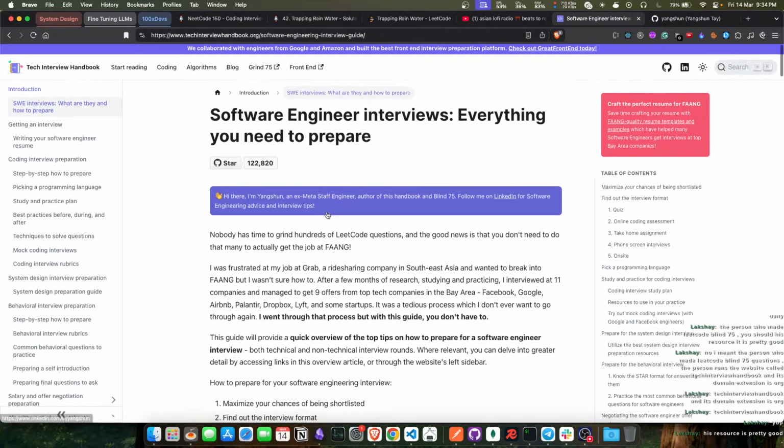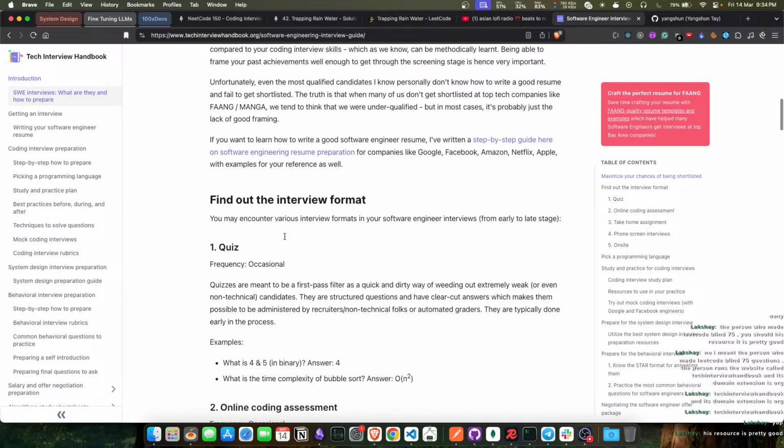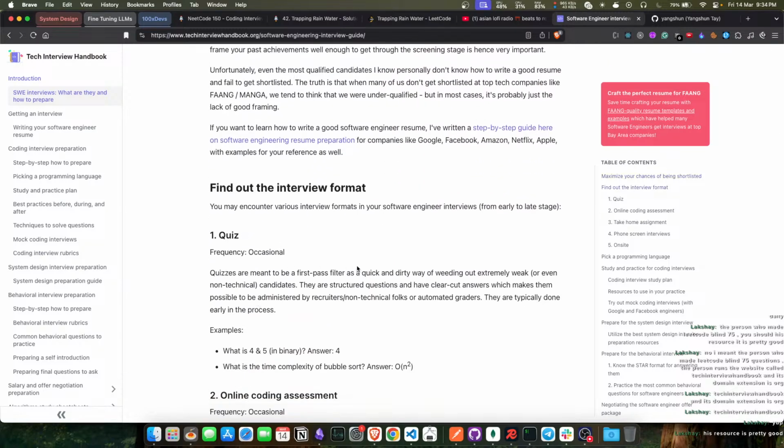Cool, I'll go through this for sure. I have bookmarked it, so yeah, I'll definitely go through this, man. Thanks a lot.